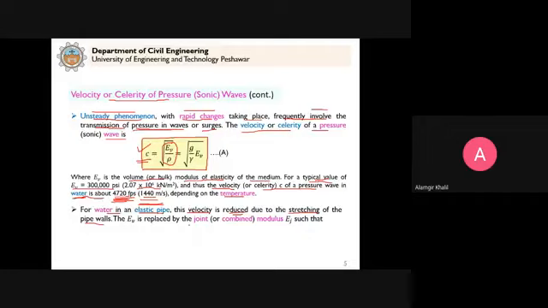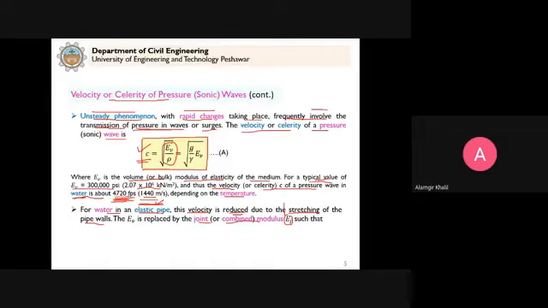So EV is replaced by the joint or combined modulus of elasticity. Whenever you see a term with subscript J, it means the joint or combined modulus of elasticity or celerity of the pressure wave, considering both the elastic fluid and the elastic pipe.